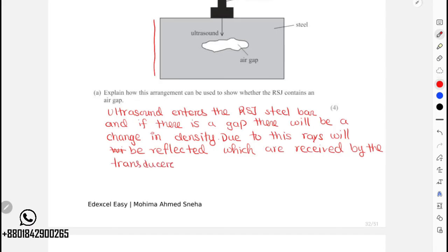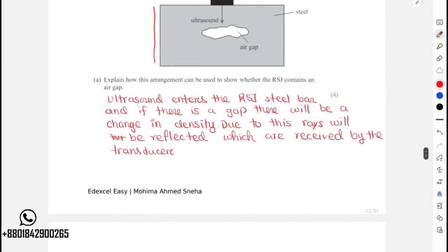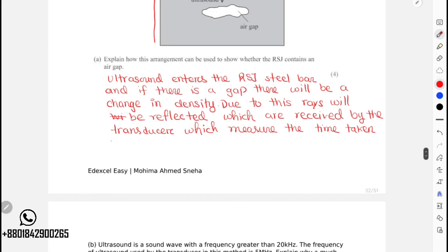Okay. Now again, the transducer measures the time taken for the wave to be transmitted, reflected and detected.